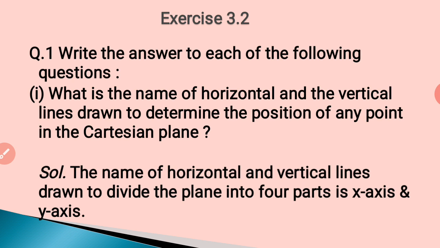The horizontal line is known as x-axis and the vertical line is known as y-axis. So the solution is the name of the horizontal and vertical lines drawn to divide the plane into 4 parts is x-axis and y-axis respectively.